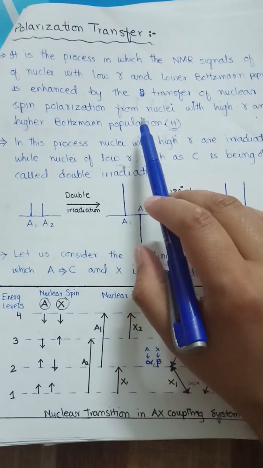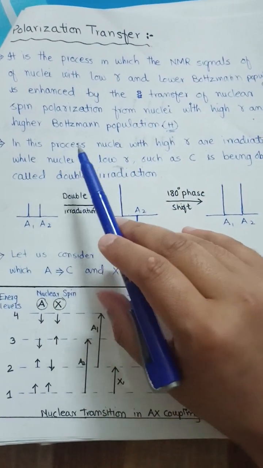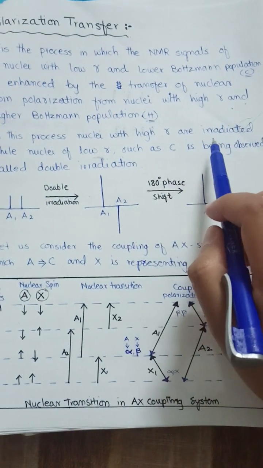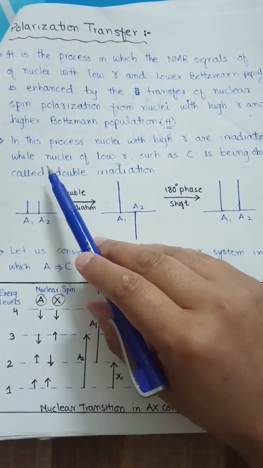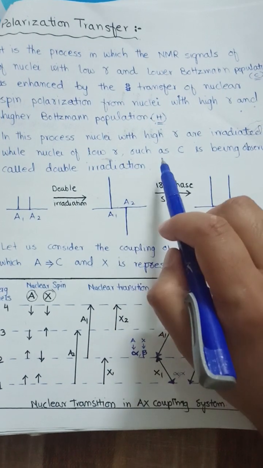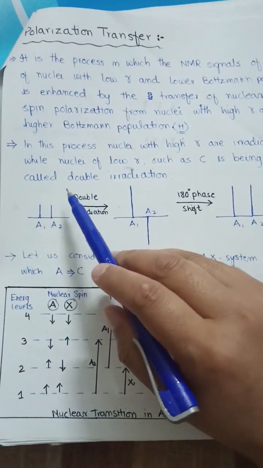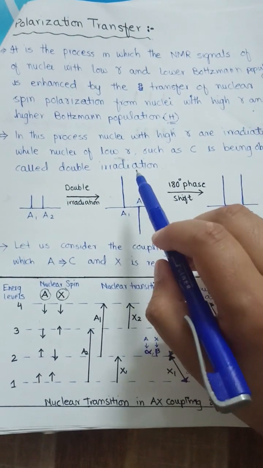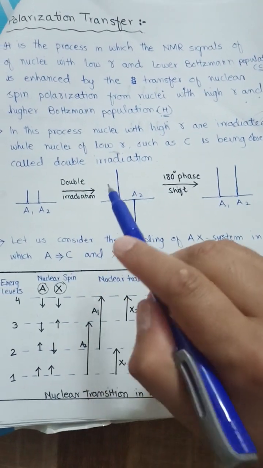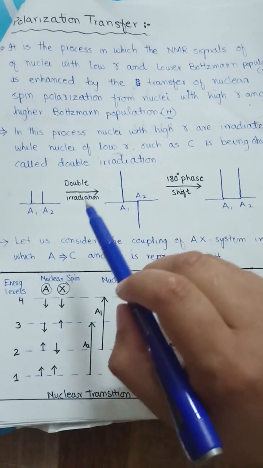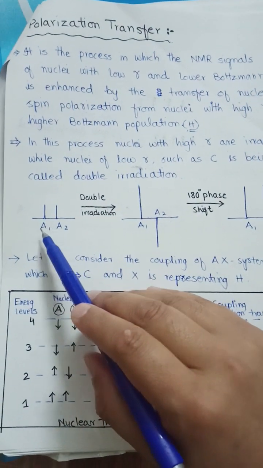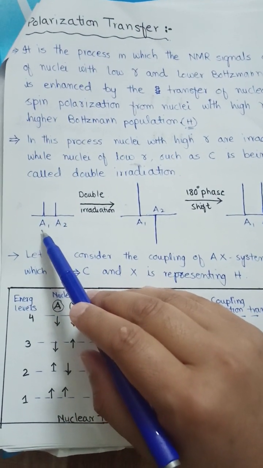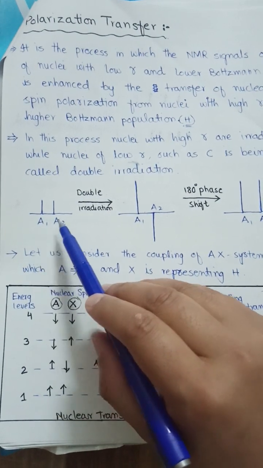So the proton will couple with carbon. In this process, nuclei with high gyromagnetic ratio are irradiated, while nuclei with low gyromagnetic ratio, such as carbon, are observed. Therefore, it is called double irradiation. So this polarization transfer is also called double irradiation. If we look at the graph of the peaks, we have two peaks, A1 and A2.